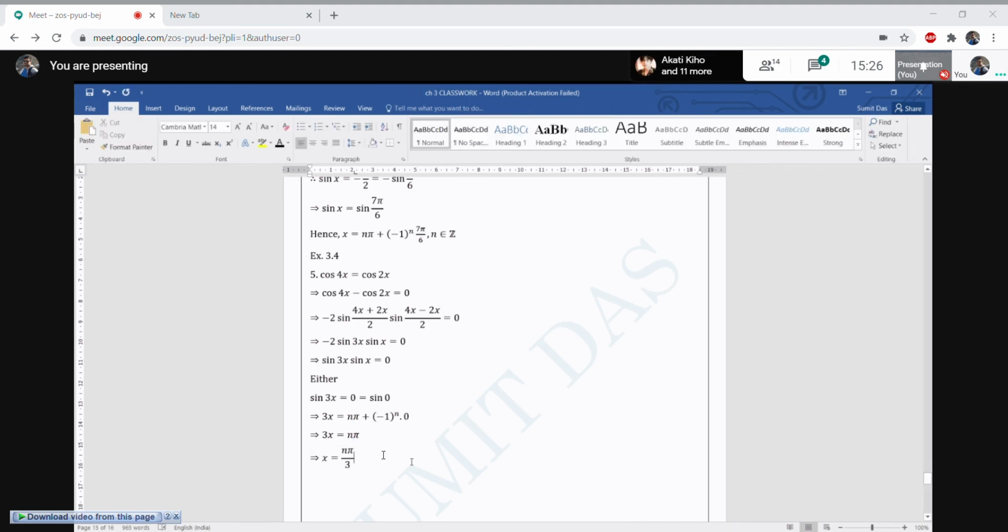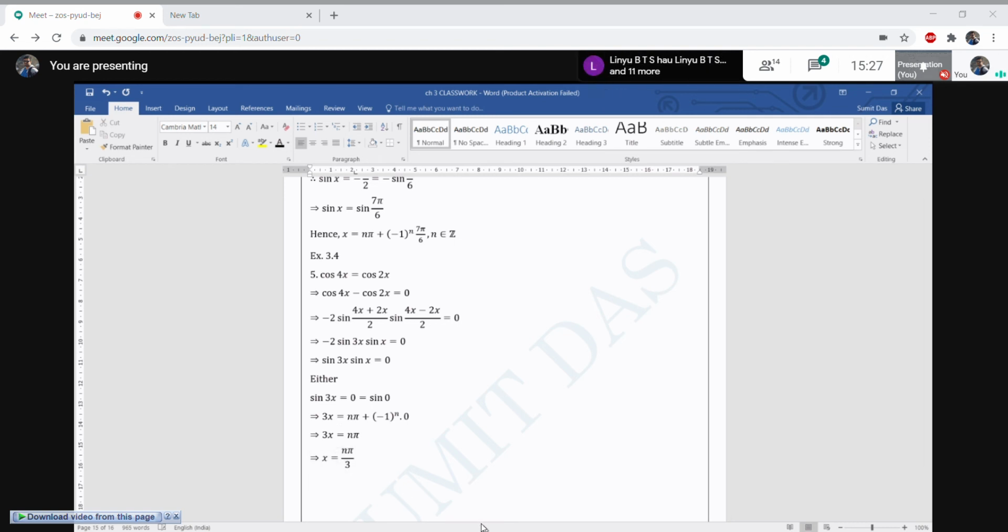Am I clear? Similarly, sine x also you can find like this. Look here, this part vanished, right? Because our formula was n pi plus minus 1 to the power n into y, and here y is 0, so this part vanishes. Understood? So we got 3x equal to n pi and x equal to n pi by 3.